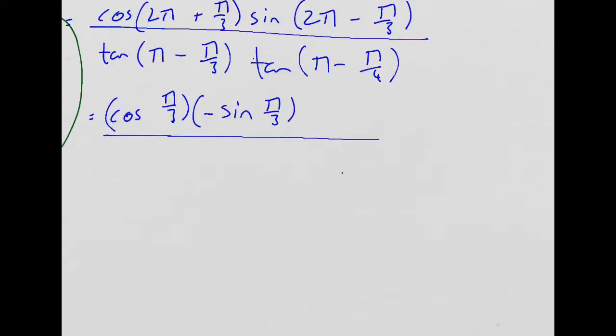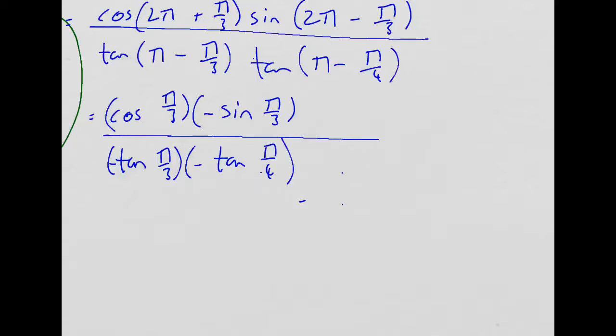Okay, then in the denominator, tan pi minus pi over 3, that's the same as 180 degrees minus pi over 3, so tan is negative in quadrant 2, so we have negative tan pi over 3, and then tan pi minus pi over 4, also in quadrant 2 where tan is negative, so we have negative tan pi over 4.